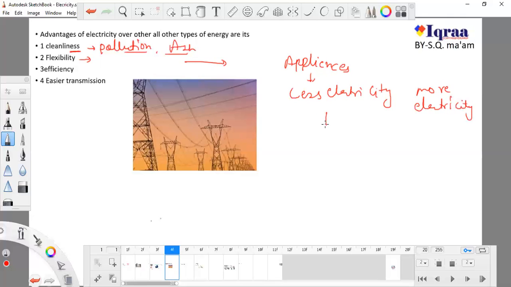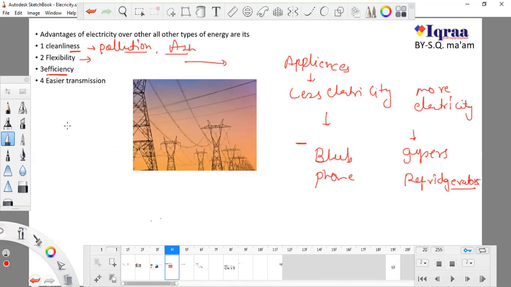Appliances which need less electricity are the bulb and phone charger, and those which need more electricity are geysers and refrigerators. They are also very efficient.